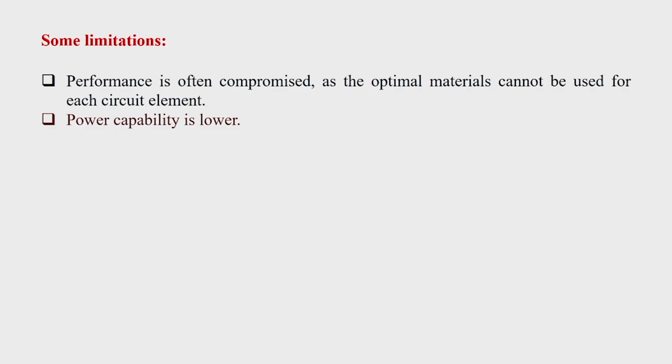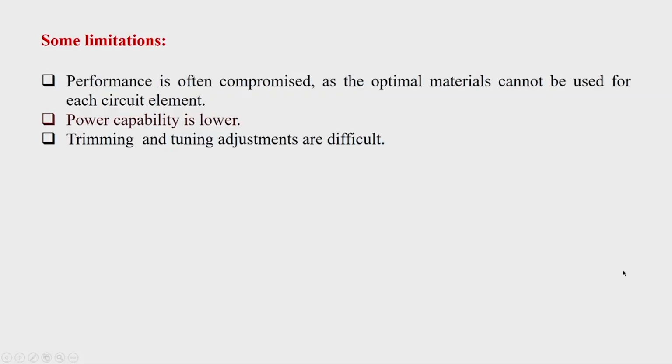This type of MMIC can handle a limited amount of power. Trimming and tuning adjustments are difficult. In hybrid MIC, to optimize the functionality, some of the component parameters can be trimmed, but in MMIC that flexibility is not there, and it is extremely difficult to do any fine tuning or trimming.